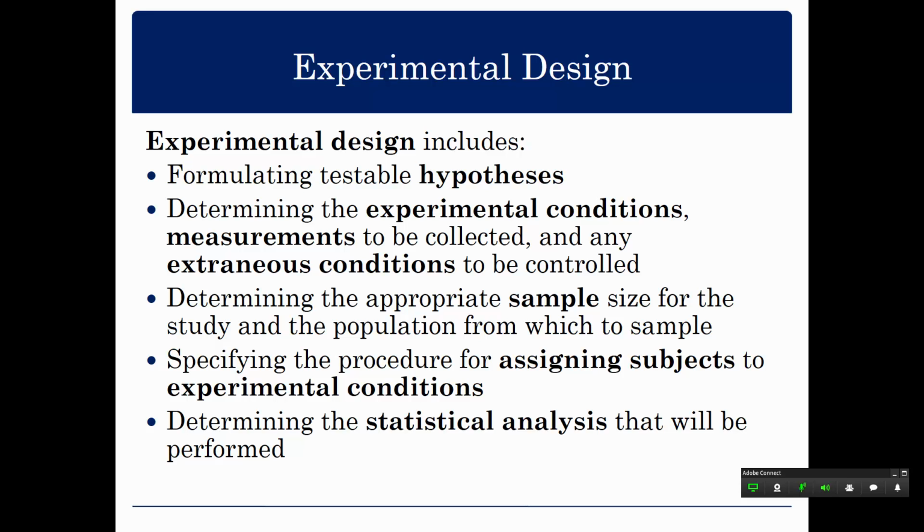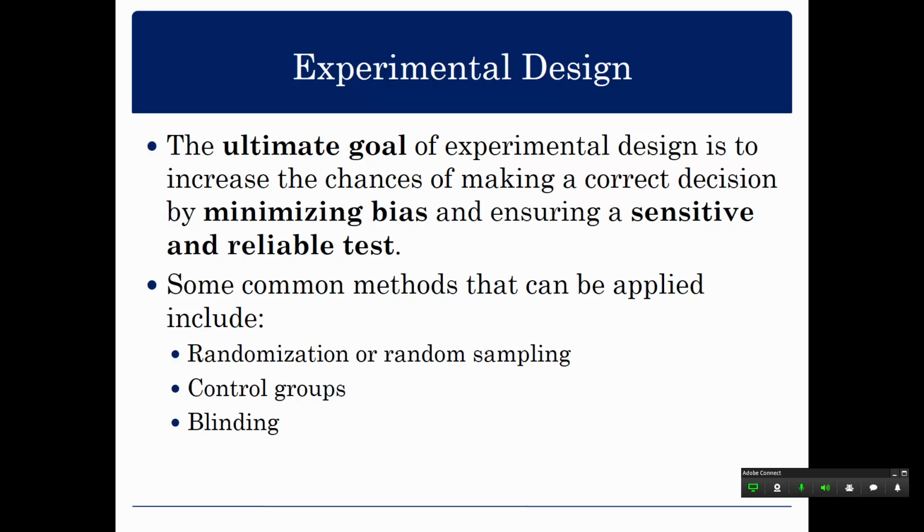We have to determine the appropriate sample size, which we will also get into, and then how will we assign subjects, preferably in some random fashion, and then, of course, determining the statistical analysis that will be performed on the data that results from the experiment.